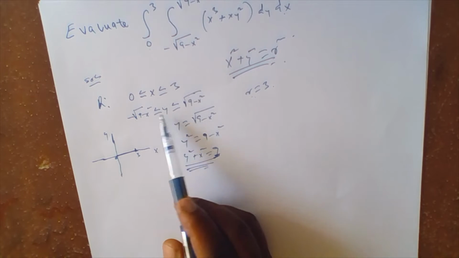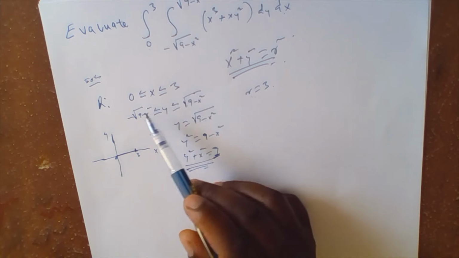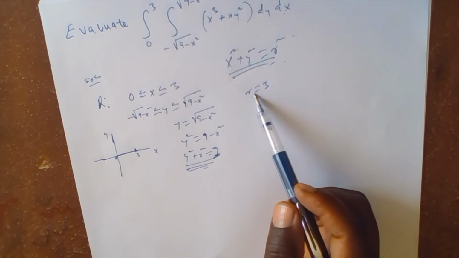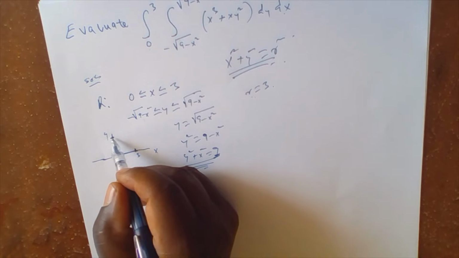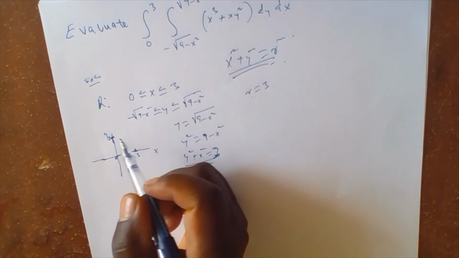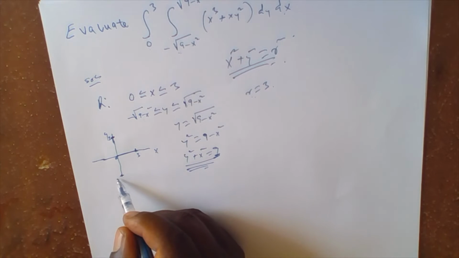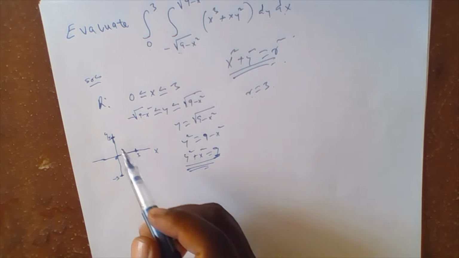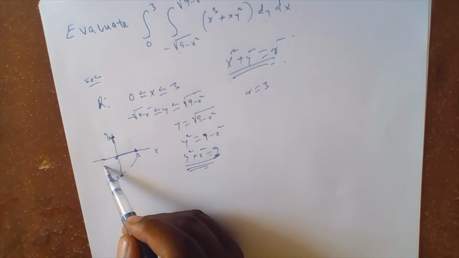So when you compare this and this, you realize that this is the upper part of the circle, and this is the lower part of the circle. So if r equals 3, this is the positive part of y, so this will be 3, and this side will be minus 3. So this is the circle.